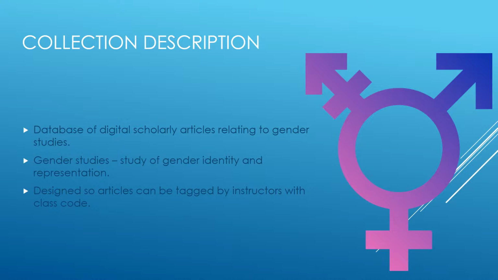It's your typical database of digital scholarly articles, and these ones particularly have to do with gender studies. It's not super important to the way the database is laid out, but it gave me something to limit my collection to. Gender studies is the study of gender identity and representation.